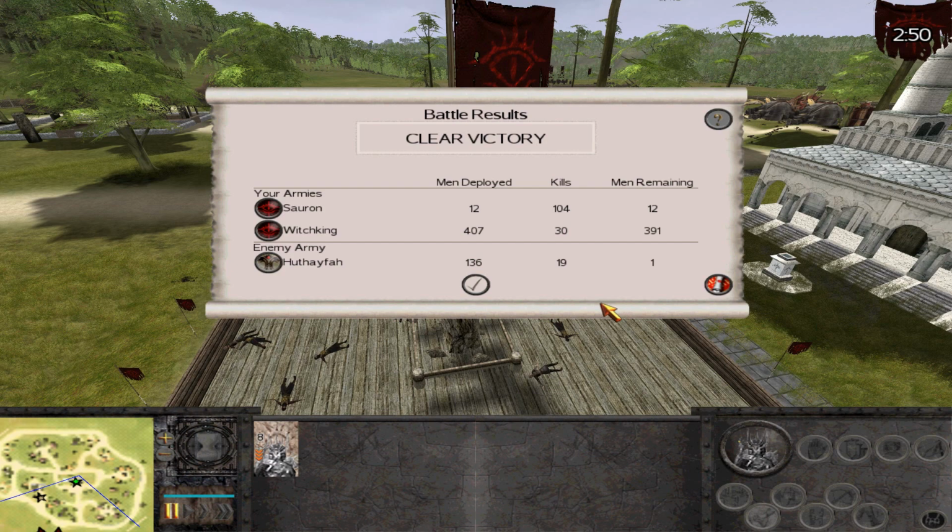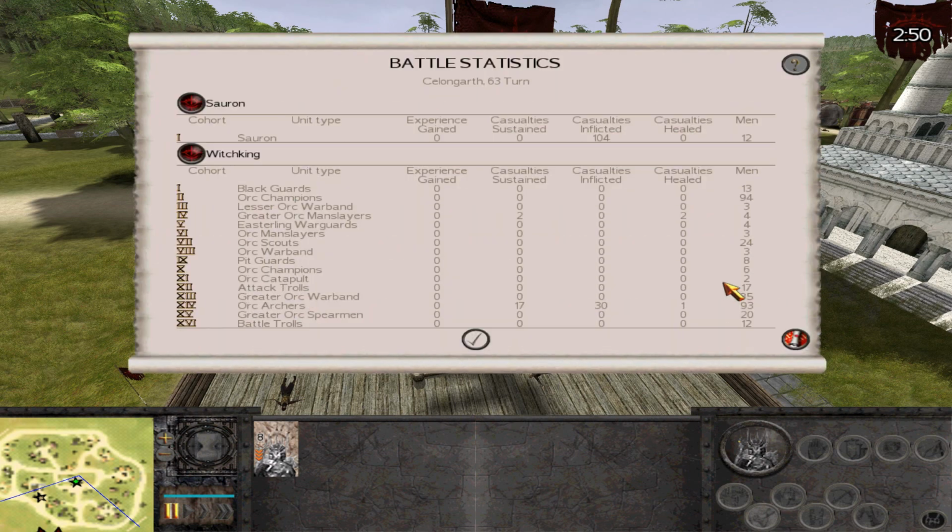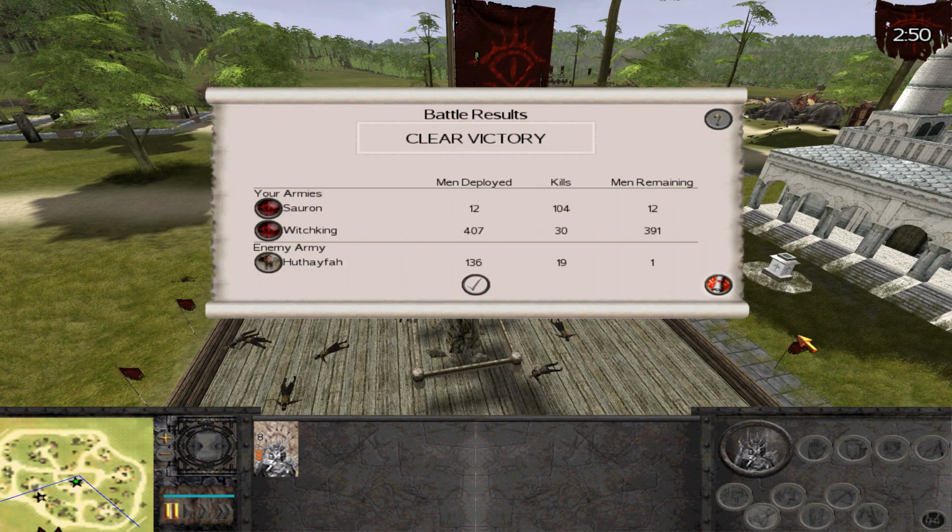Okay, we need to wait 10 seconds before ending the battle. The details. Sauron killed 104 of the enemy. Okay. 1, 2, 3, 4, 5, 6, 7, 8, 9, 10.